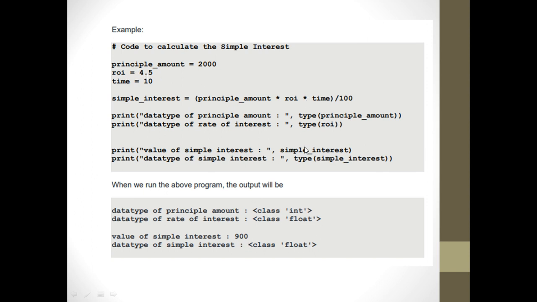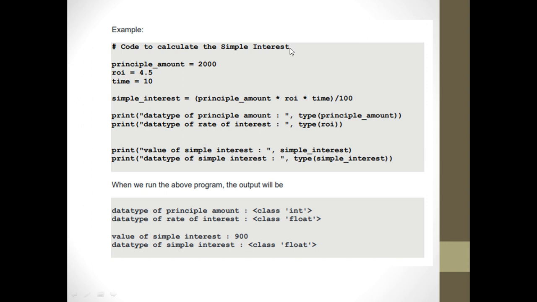I want to print the value. See, so the value of simple interest is this. Now, in this simple interest that got calculated, I had one integer and a float. So let us consider if I have 2.2 into 2, the result is 4.4. So by default, the result that I'm getting is float.